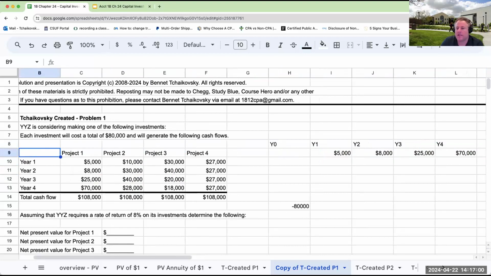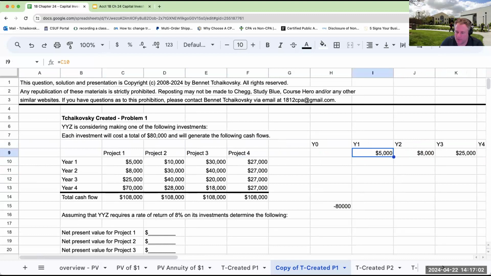However, these future dollars are not the same as today's dollars. And why is that? It's because, would you rather have $5,000 today or a year from now? Well, if I had $5,000 today, I could theoretically earn 8% interest on that, which is my rate of return.